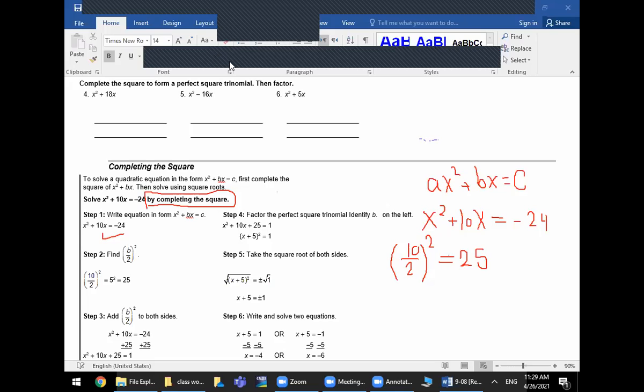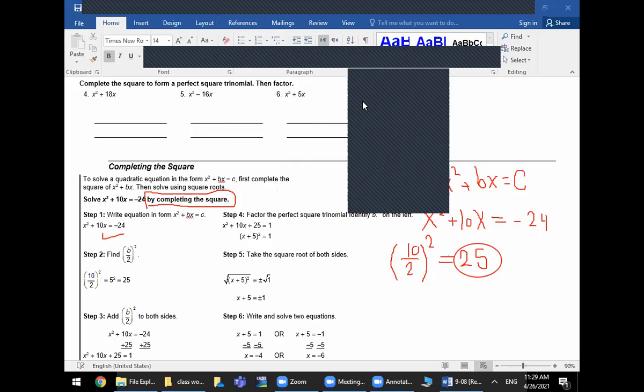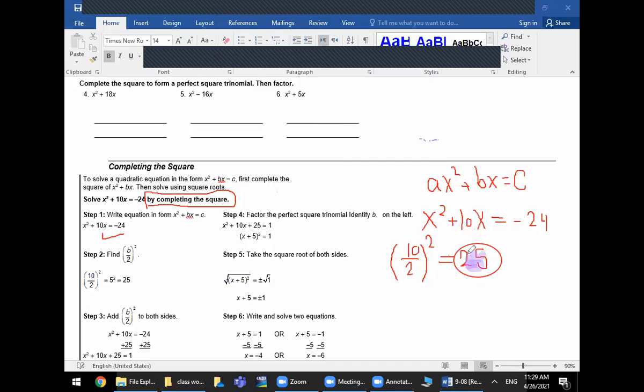The next step, we will use this 25. Did you see 25? Yes. We will add 25 to both the left and right side. How?